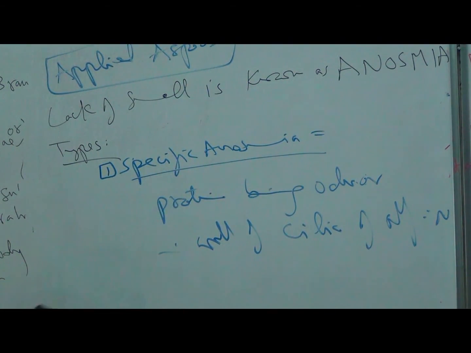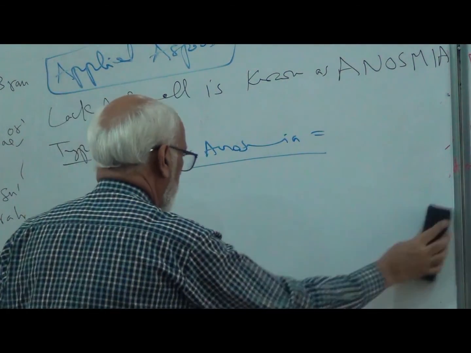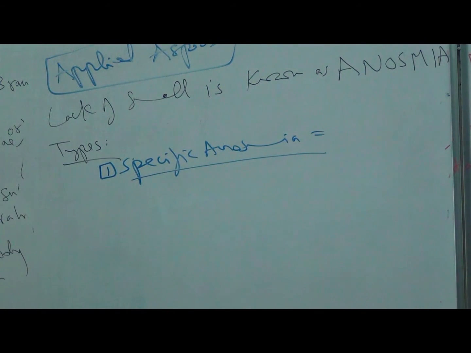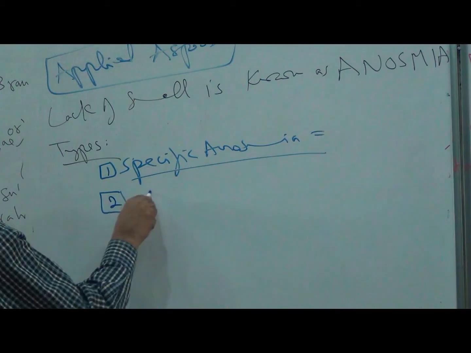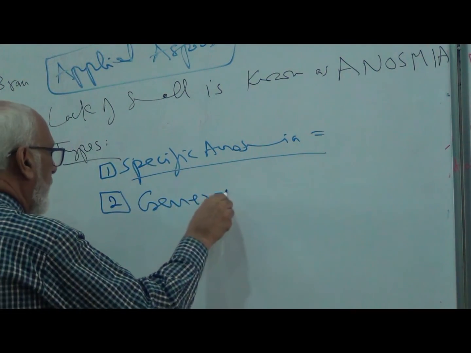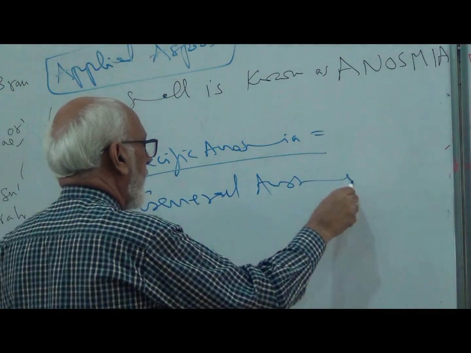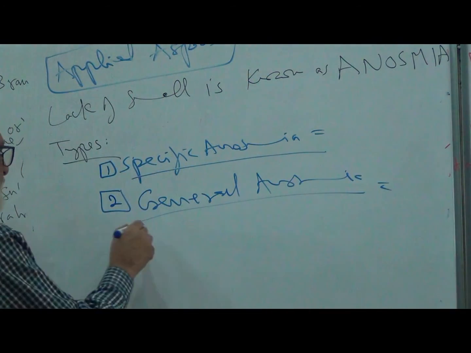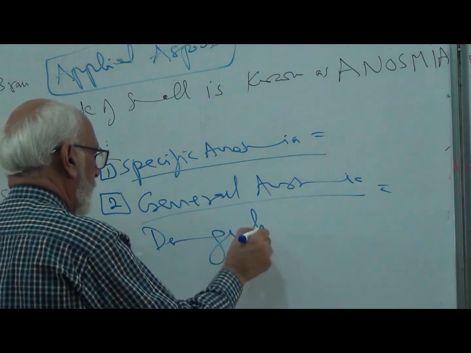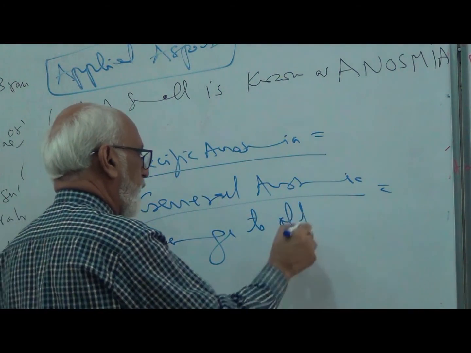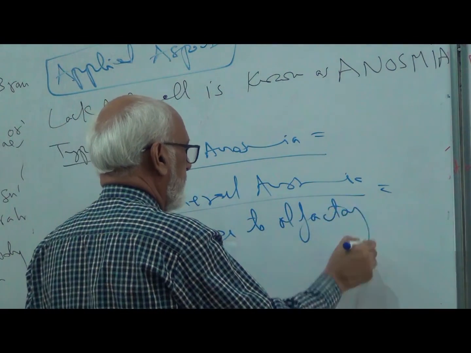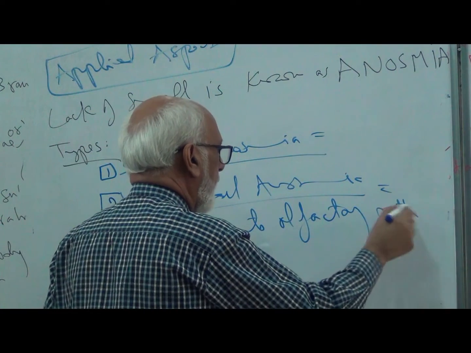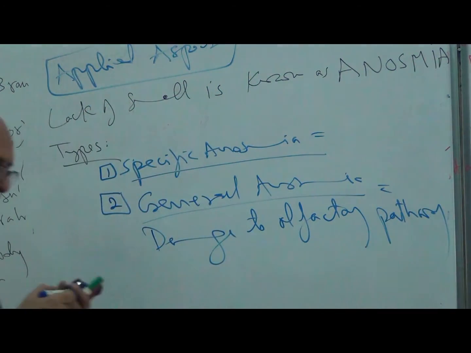Second type is the general anosmia. When there is damage to the olfactory pathway, it results in this.